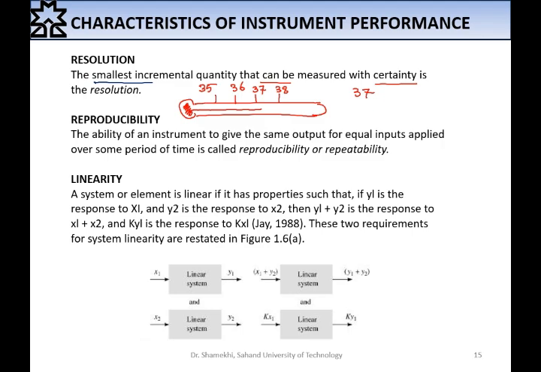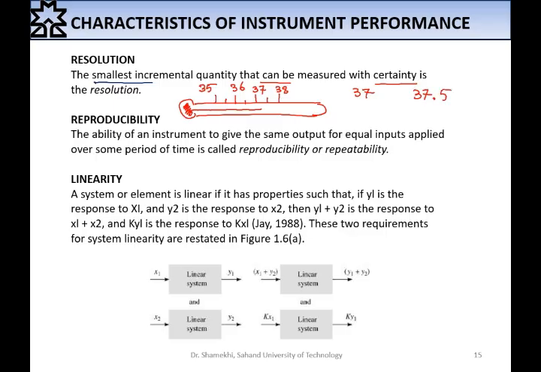But if we have another data, we have more data, we can detect that the temperature is lower than 37.5.